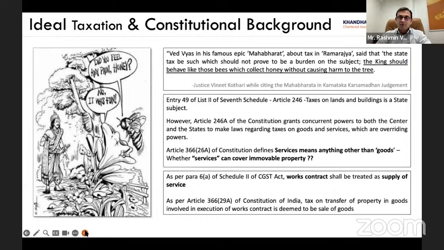The more pointed question is whether immobile property is also covered within the definition of service, because this is what is before the Supreme Court in a recent judgment that we'll discuss. Then, Schedule 2 has been treated as a classification of services and goods so far as GST is concerned, and works contract is classified as a service per se, even though there might be a supply of goods involved.